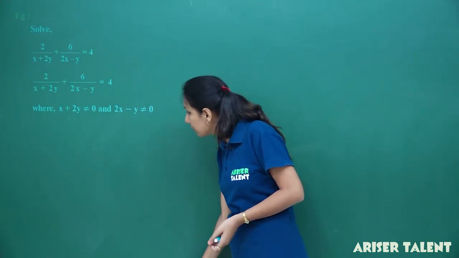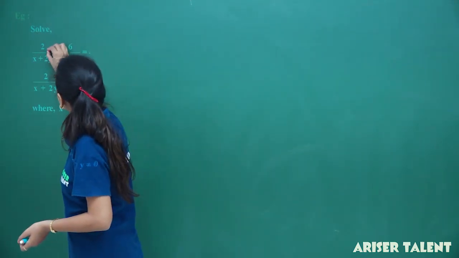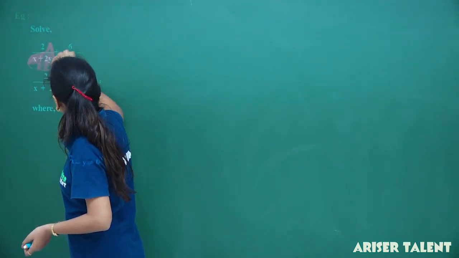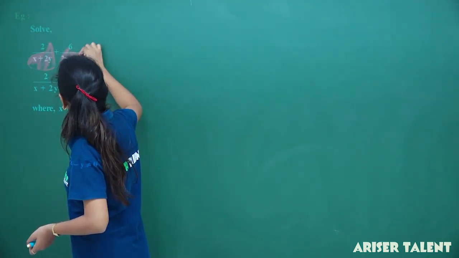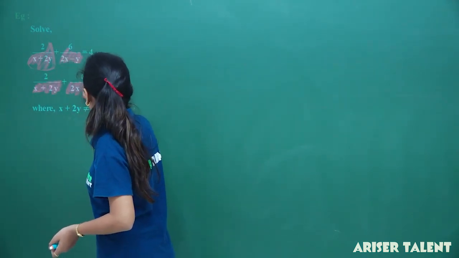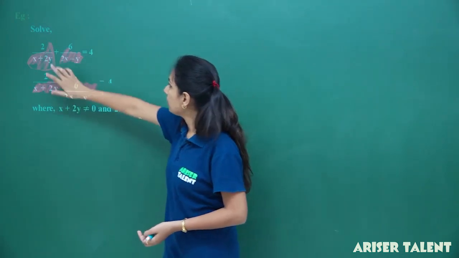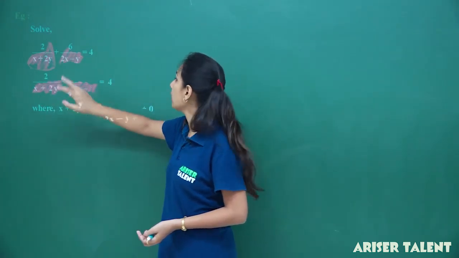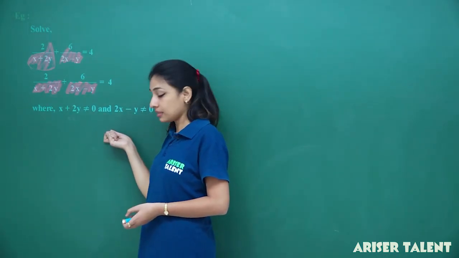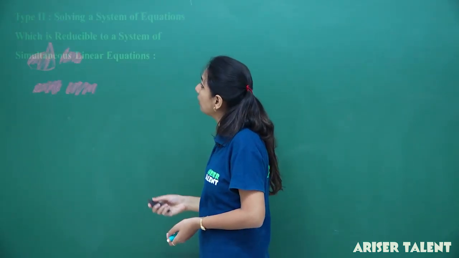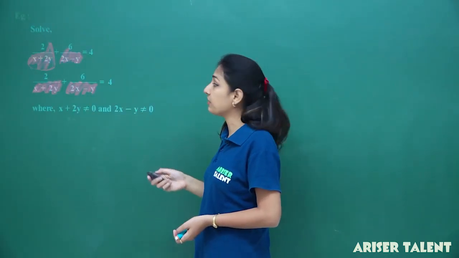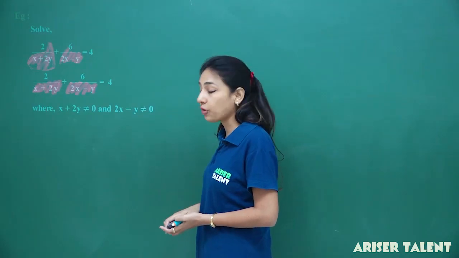If you look at this complete value and this complete value, they are the same. So this is what we call reducible to a system of simultaneous linear equations. This is the format I am talking about.